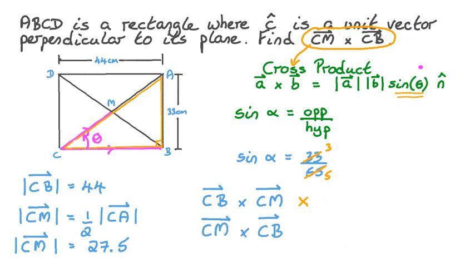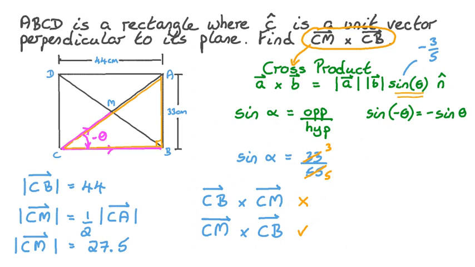We don't want to calculate this, however. We want to calculate CM cross CB. This means that the angle will be negative theta. We know that the sine function is odd, which means that sine of negative theta is equal to negative sine theta. This means that the value of sine theta in our example will be negative 3/5.